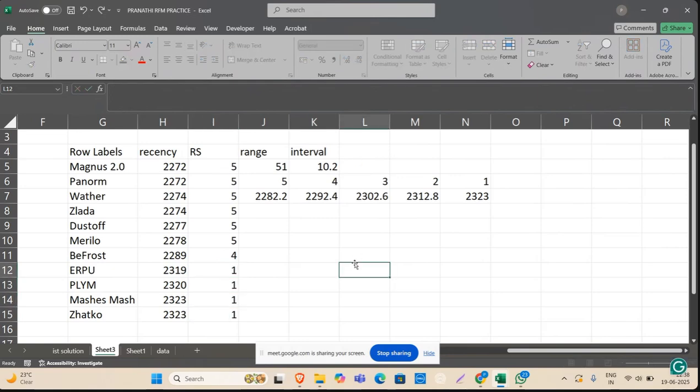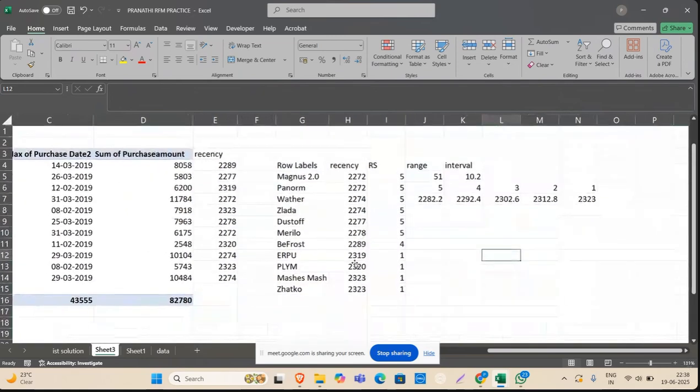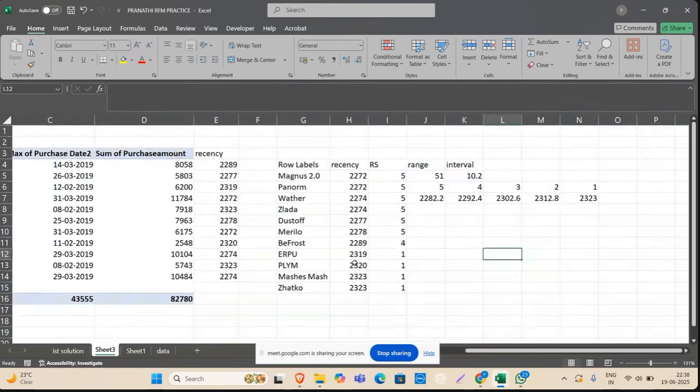While rating this, we need to stick to the maximum next-level score. Suppose 2289 is greater than 2282, which is score 5, so we should stick to the next point, like 2292, which is 4.